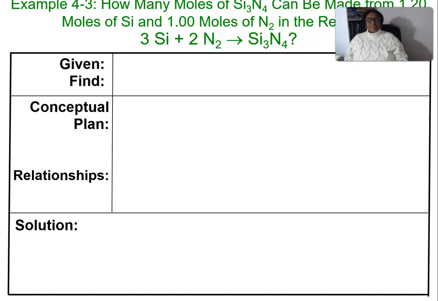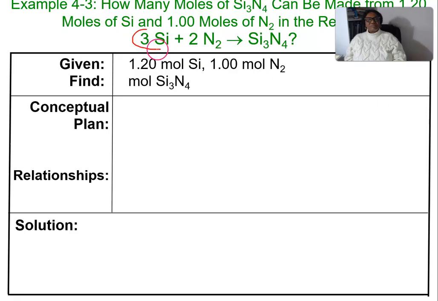Let's take another example. How many moles of trisilicon tetranitride can be made from 1.2 moles of silicon and 1 mole of nitrogen in the chemical reaction? This is the balanced chemical reaction. So what is given? We have 1.2 moles of silicon and 1 mole of nitrogen.